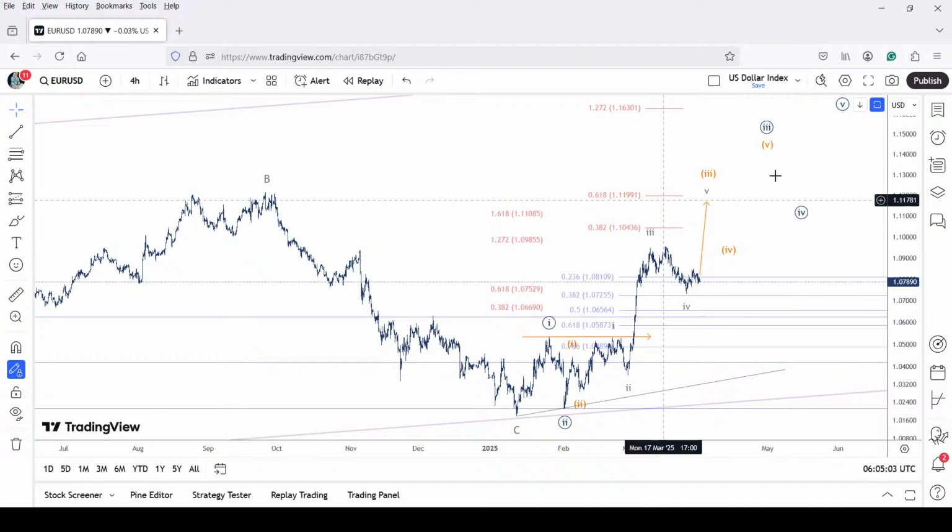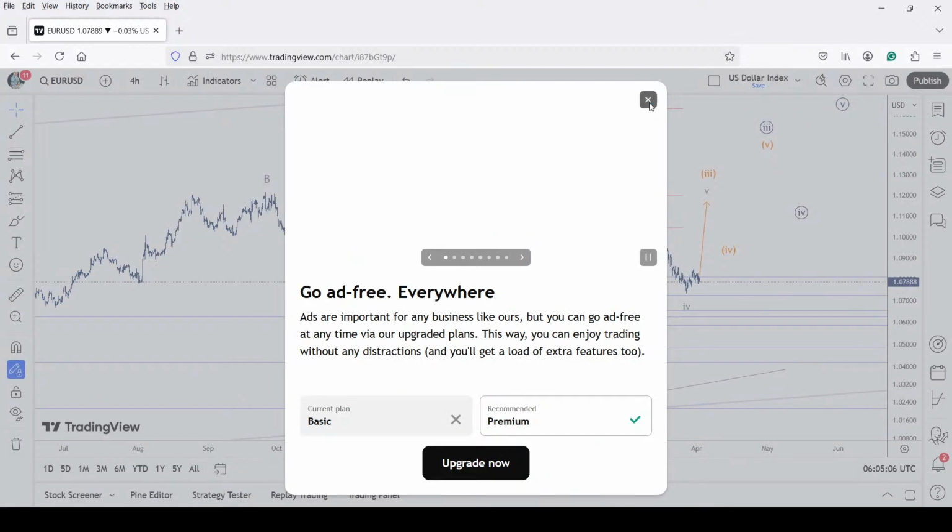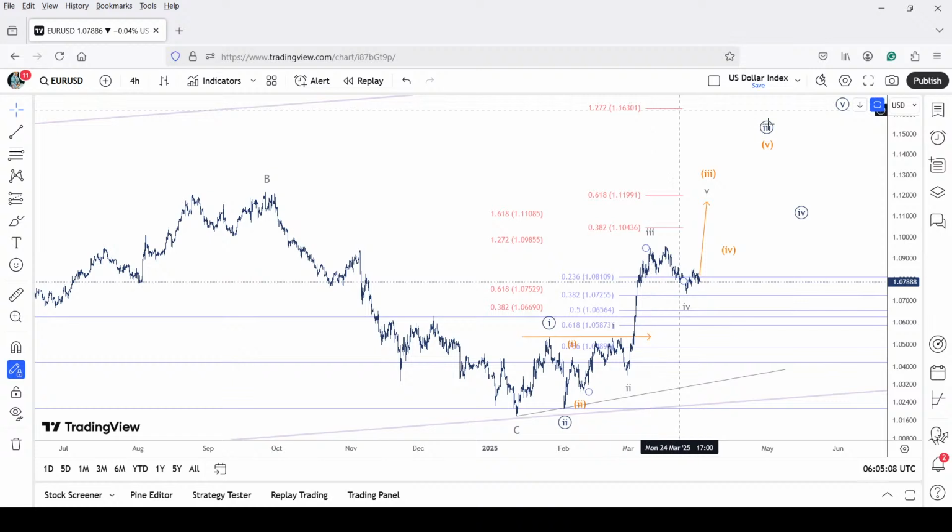By the time Euro terminates minute wave 3, as discussed in the earlier session as well, we should be comfortably trading above 1.1275. That's the September 2024 high, and ideally it should be trading close to 1.15, possibly 1.16 as well.